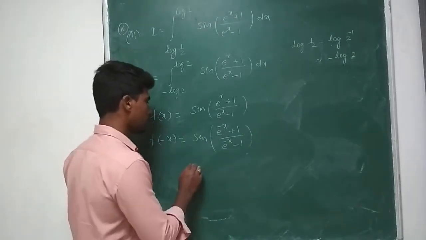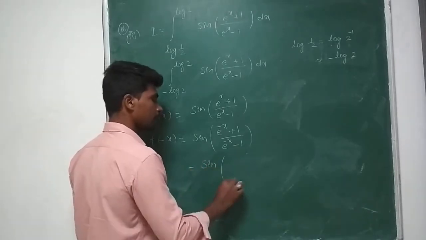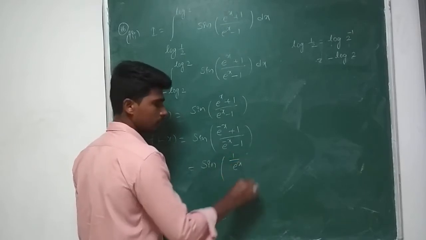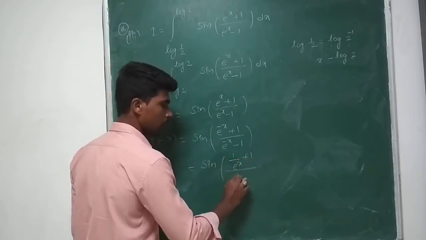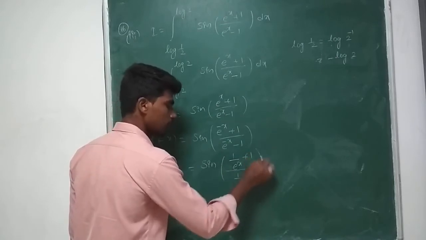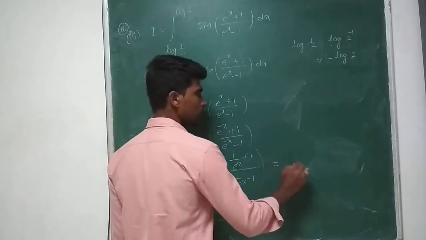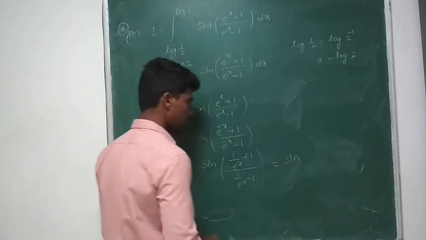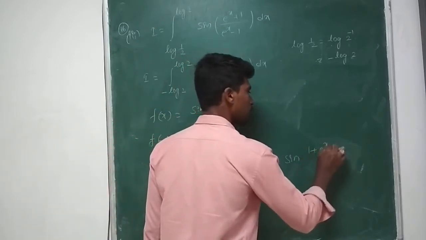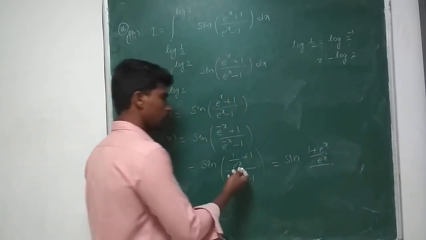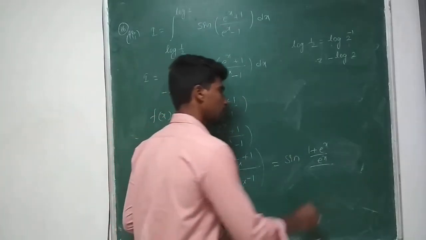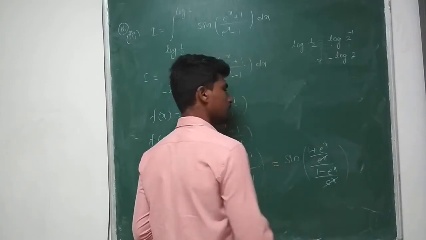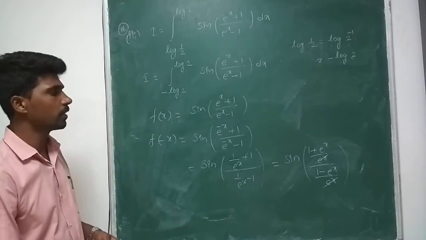So now I get the answer as sine, e power minus x can be written as 1 by e power x, so (1 by e power x plus 1) by (1 by e power x minus 1), which is equal to sine of (1 plus e power x by e power x) by (1 minus e power x by e power x). I took e power x as LCM. e power x gets cancelled. I got (1 plus e power x) by (1 minus e power x).